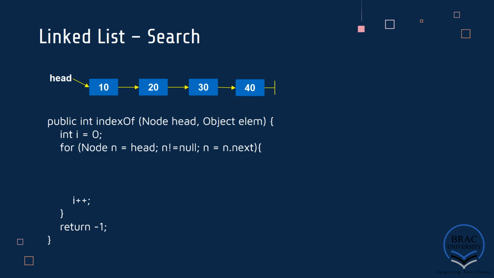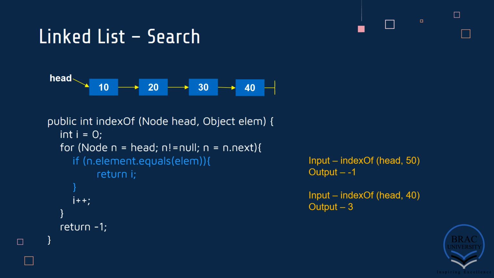A similar approach: we travel through the nodes, incrementing the index value one by one and checking if the element is there. If the element is not there, it's going to return -1. Here I check n.element.equals(element), and if this is equal, I return i, which contains the particular index that I'm looking for.